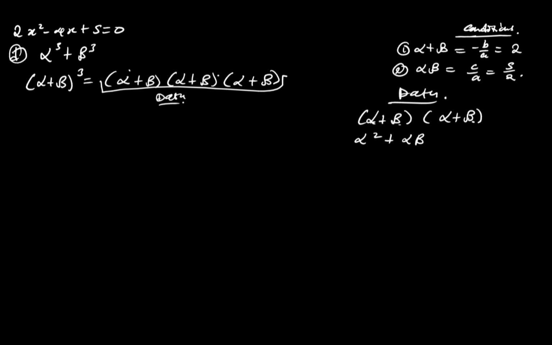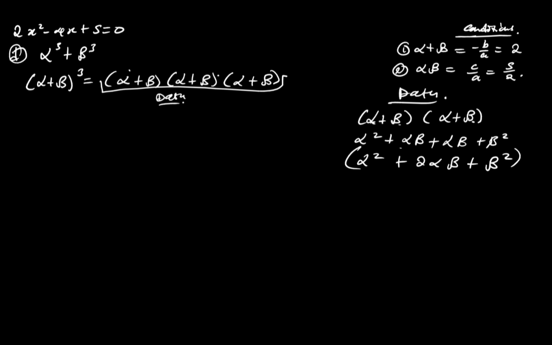Then beta times alpha is the same as alpha beta, associative. So alpha beta, then beta times beta is beta squared. So alpha squared, then plus, these are like terms, so we're going to have plus 2 alpha beta plus beta squared. So now you have expanded the first two parentheses.